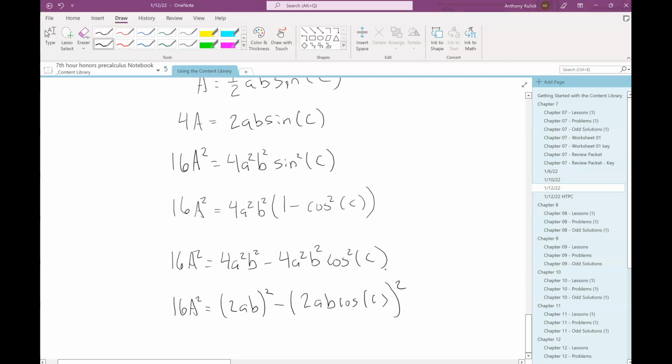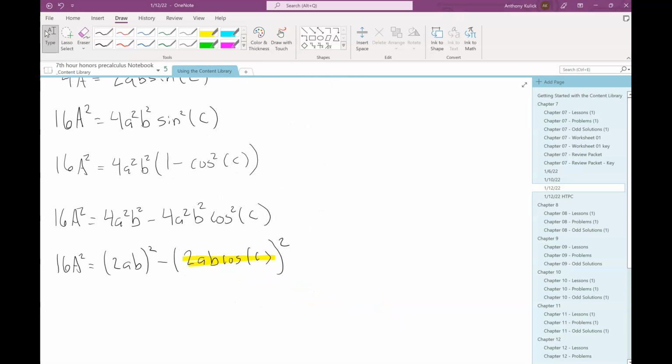So conceivably, I could factor this now using a difference of 2 squares. But before I do that, I see something in here that I go, aha! This looks familiar. What does this look like? Yeah, it looks like part of the law of cosines, doesn't it?